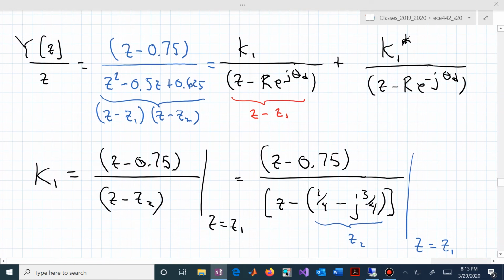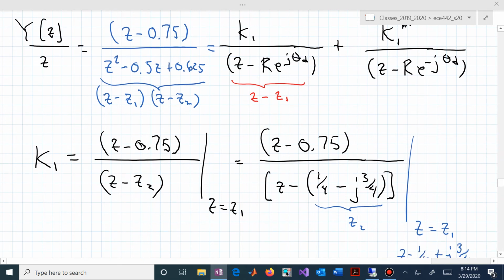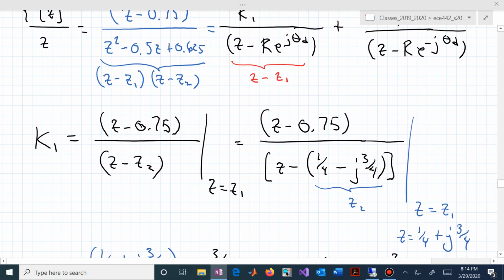We evaluate that at the value of z that causes this factor to vanish, which is z sub 1, the pole in the first quadrant.